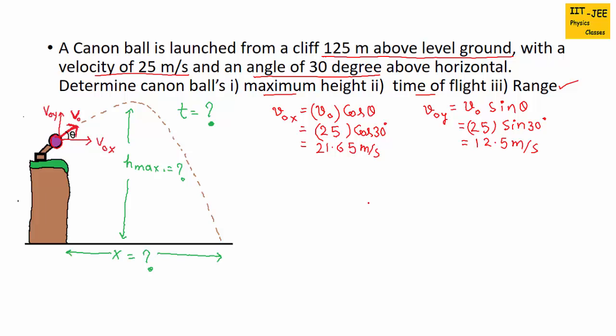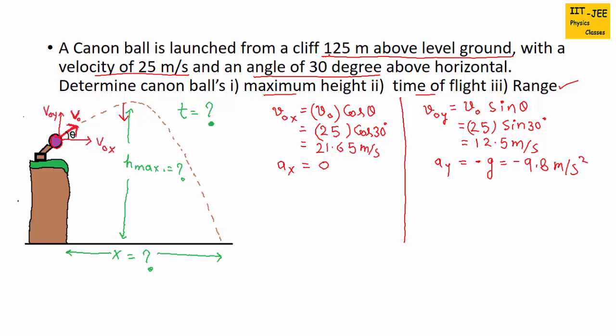So now we have to make a table for all the horizontal components and all the vertical components. You know, horizontal acceleration is 0 here, and ay, which is vertical acceleration, there is only one, which is gravity acting downward. Vertical acceleration would be minus g or minus 9.8 meters per second squared. Here the ball's vertical displacement is given.